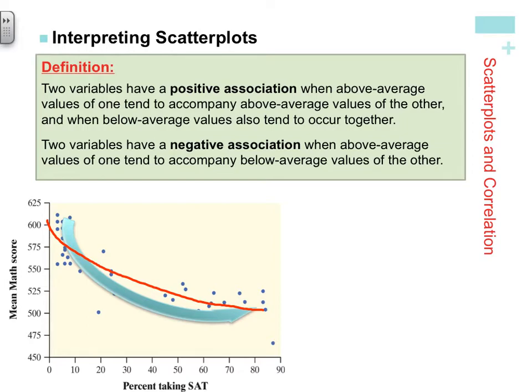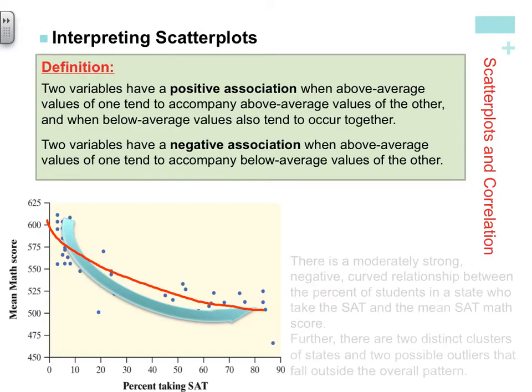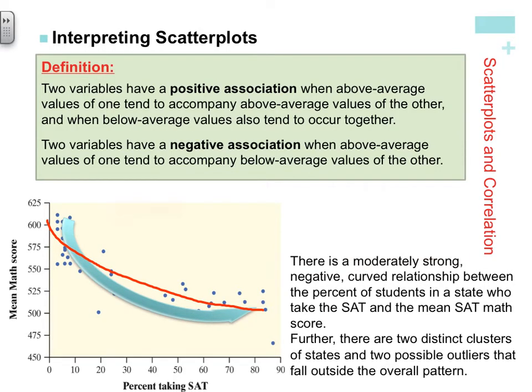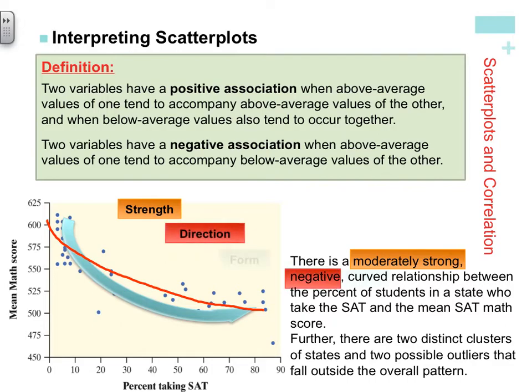They're pretty much all fitting that pattern. So it's safe to say we can describe this as a moderately strong negative curved relationship. It's strong because there's not too much difference from that pattern.